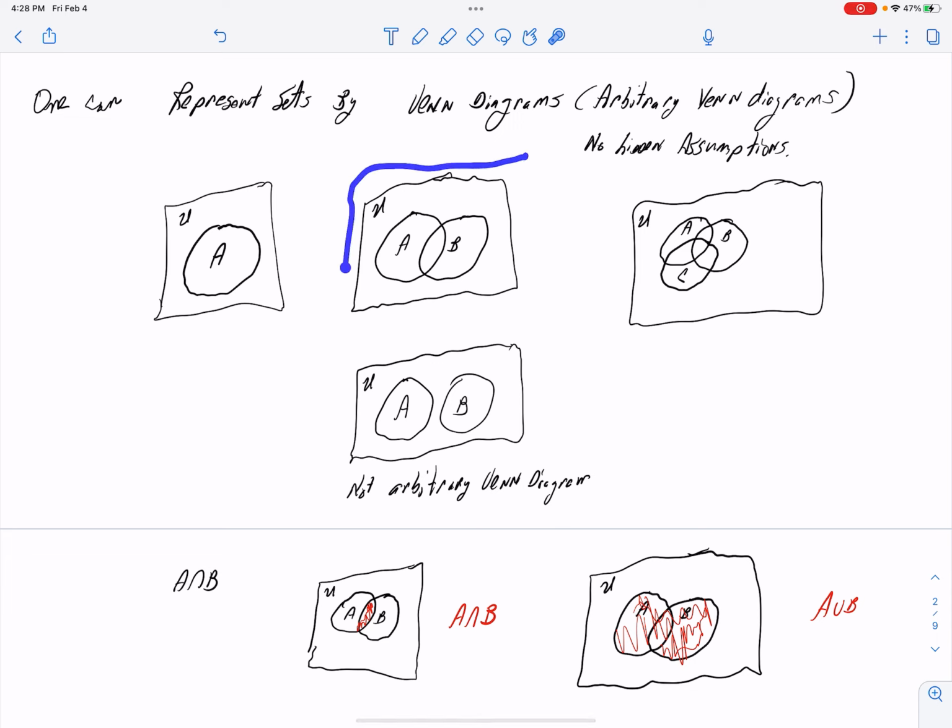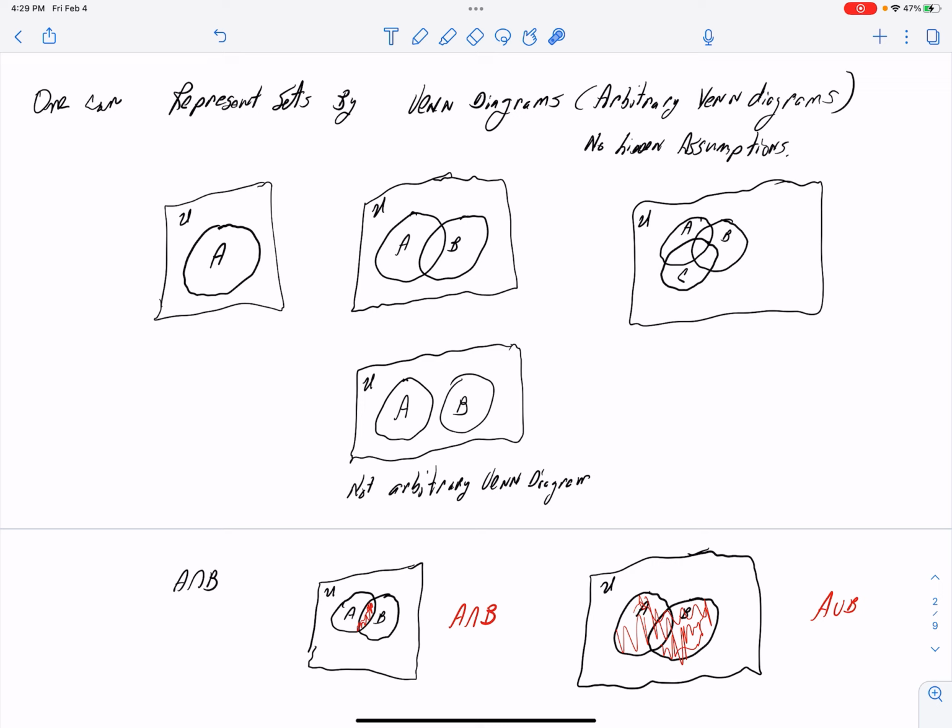Here is an arbitrary Venn diagram of two sets, A and B. Notice that there's a possibility that they have elements in common. They don't have to have elements in common, but there should be a possibility, and that's why you draw this arbitrary Venn diagram with some overlap.